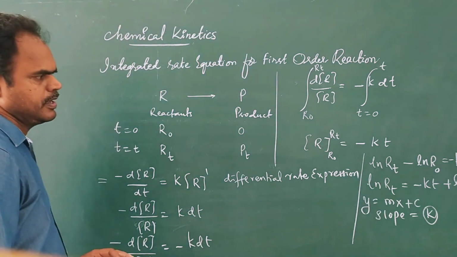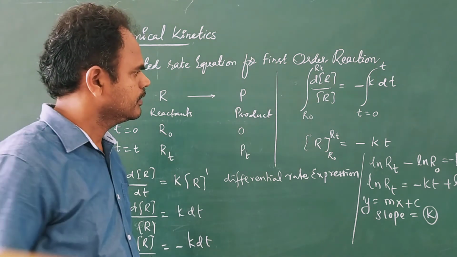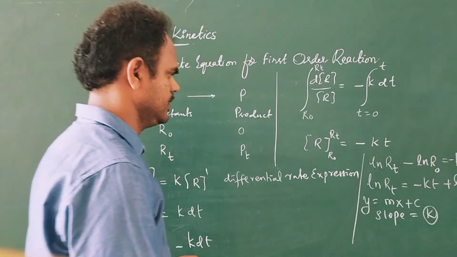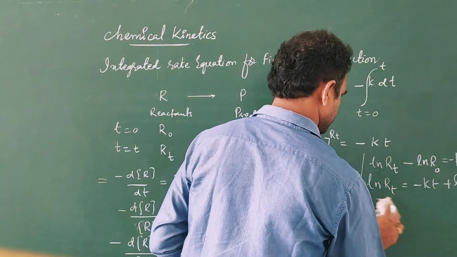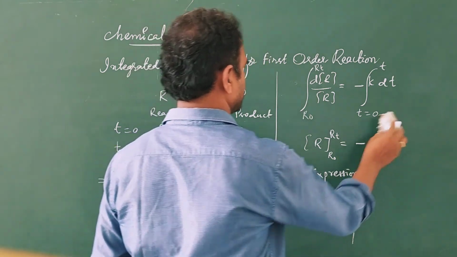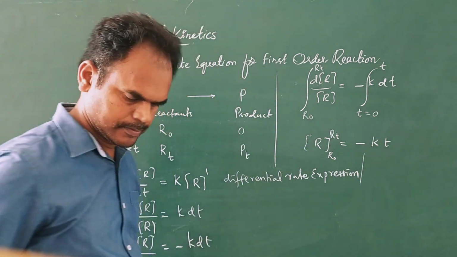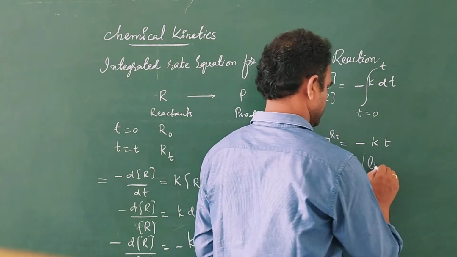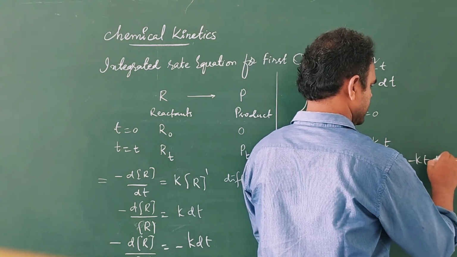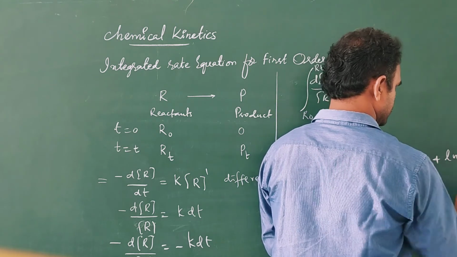So here, how the graph looks: when we write this equation, ln RT equal to minus KT plus ln R0.